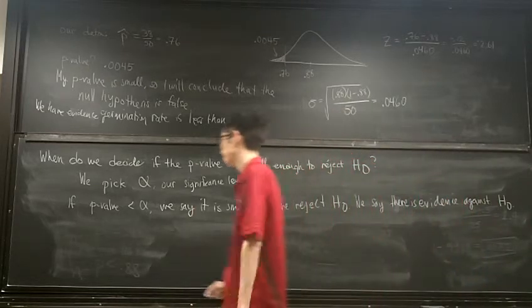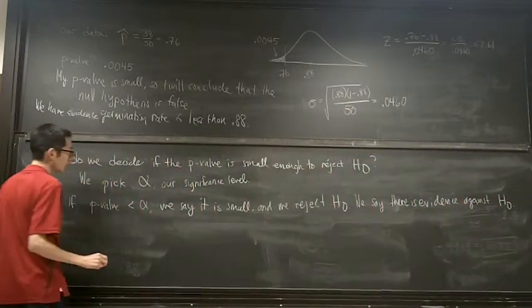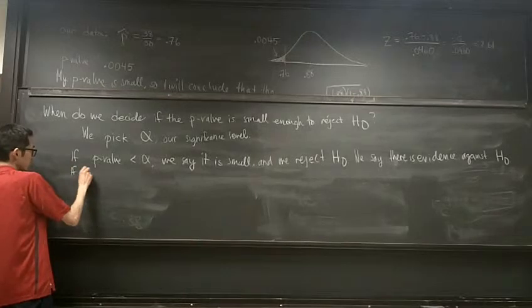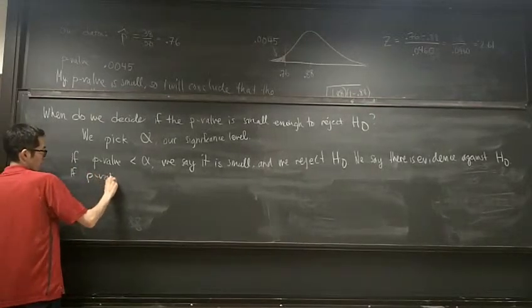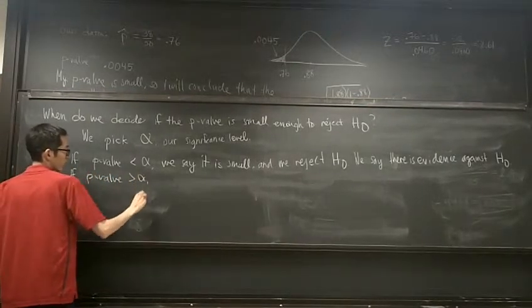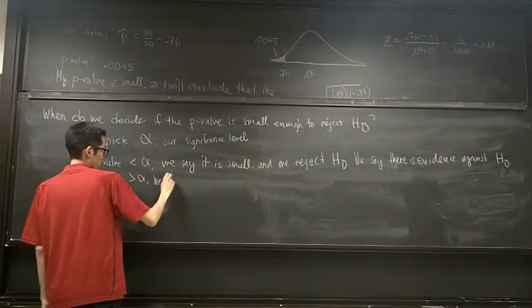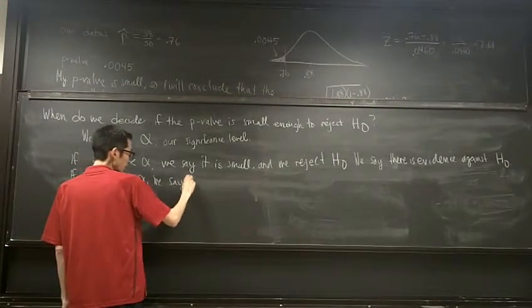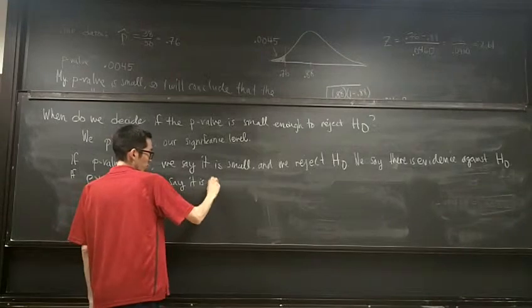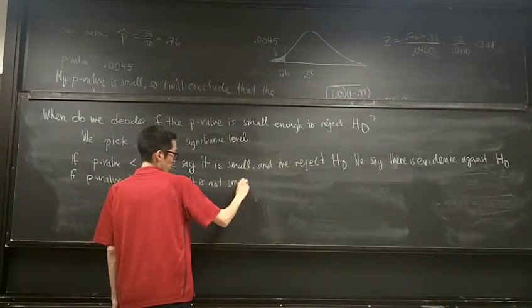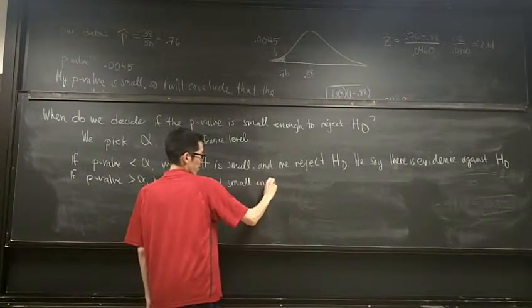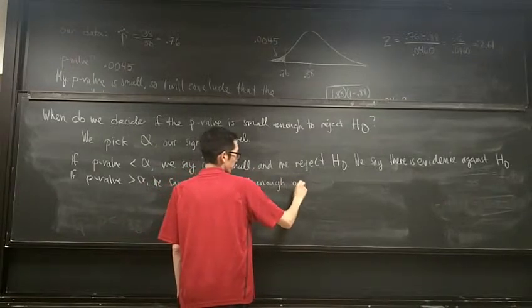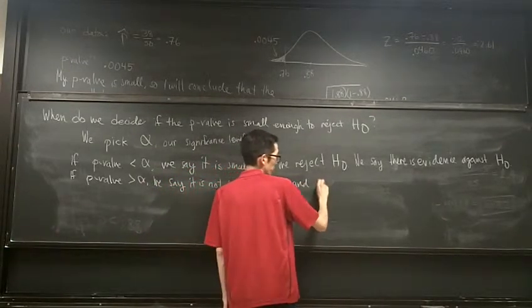On the other hand, if the p-value is bigger than alpha, okay, we say it is not small enough, and we do not reject the null hypothesis.